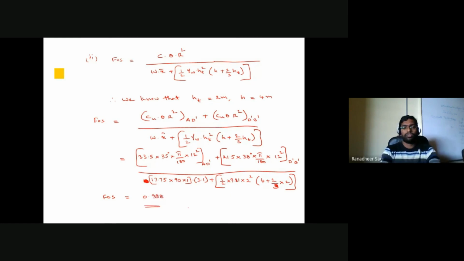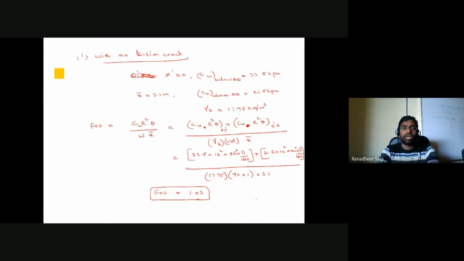Value of factor of safety is 0.988. So the factor of safety you are getting because of that tension crack, and subsequently the tension crack getting filled with water, is coming out to be 0.988, which indicates that the slope is unstable. Earlier, when there was no effect of the tension crack, the factor of safety of the slope was 1.03.